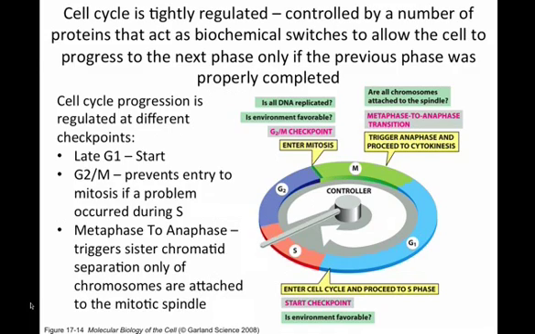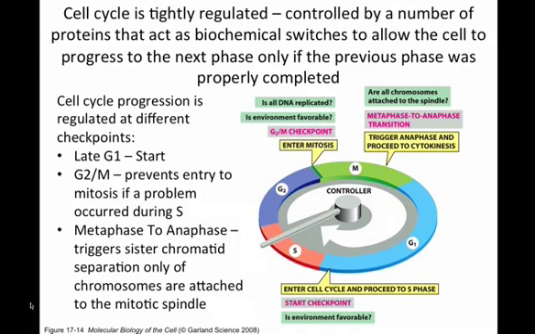So in late G1, you've got your start checkpoint, which is the cell checking: is the environment favorable, or are we under conditions of starvation? Do we have horrible DNA damage? That'll slow things down, right? And if all is well, then you go into S phase. There's another checkpoint at G2/M, right before entering M phase.